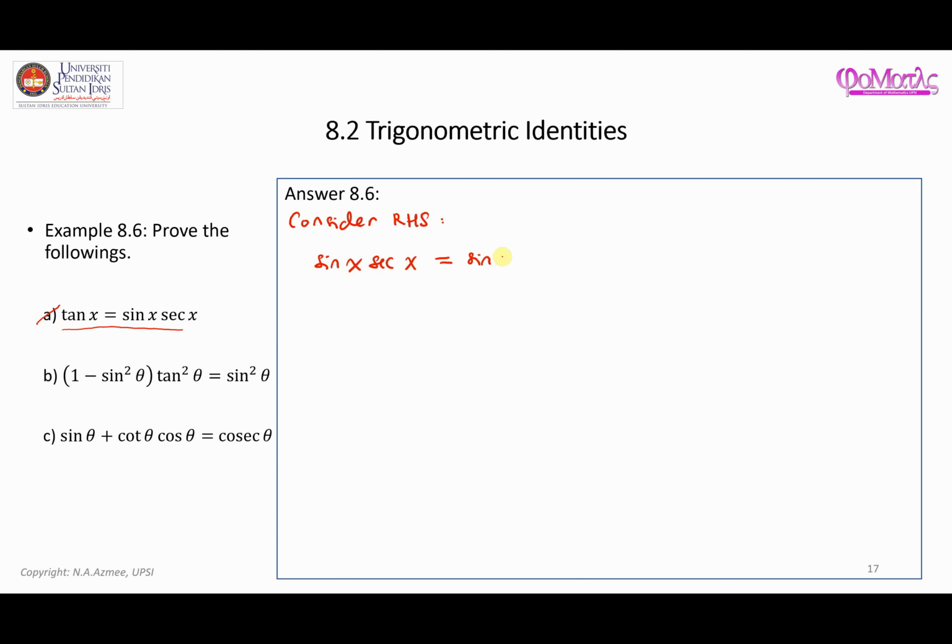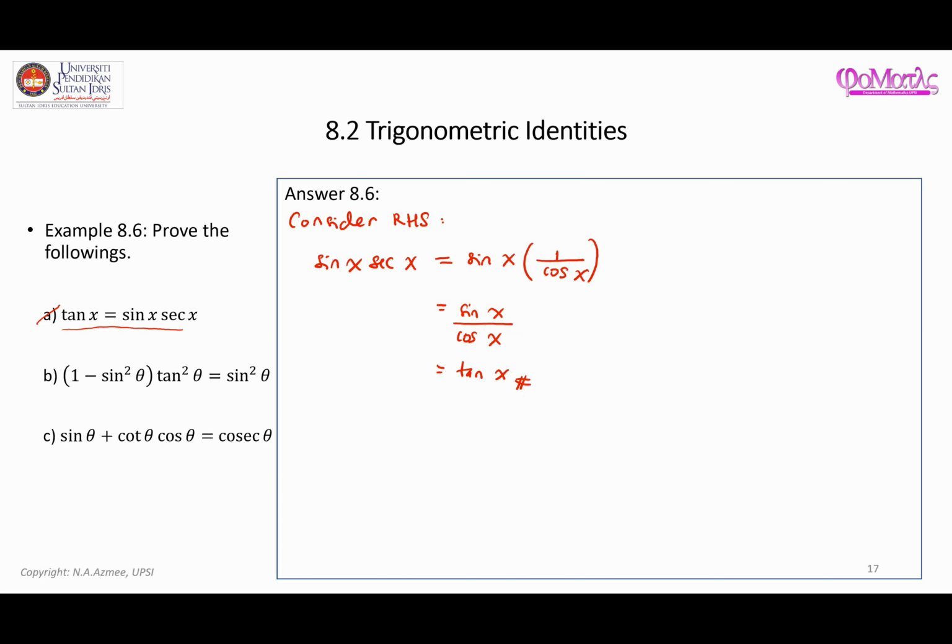So I'm going to write down sine of x, and secant of x is 1 over cosine of x, and this is just sine of x over cosine of x, and we know that this is the definition, or the same as having tangent of x. So there you go. This is quite simple.